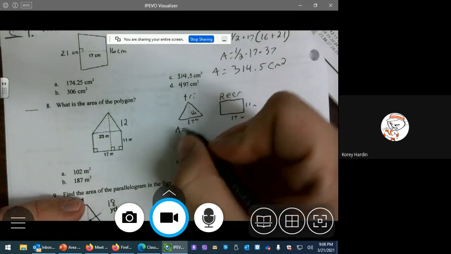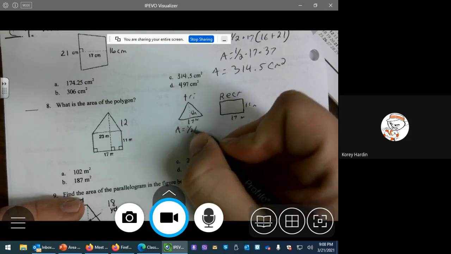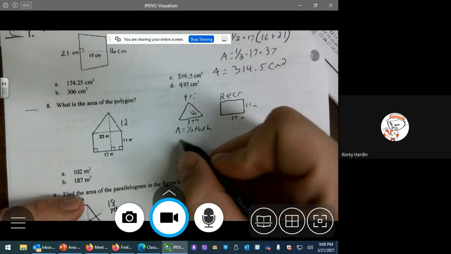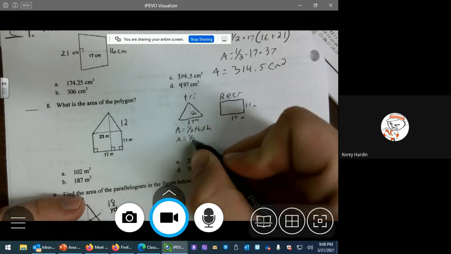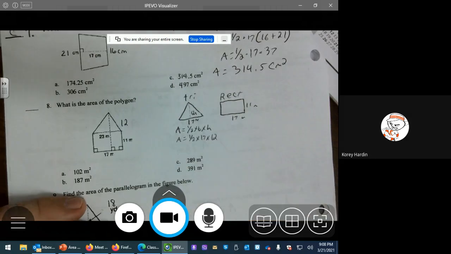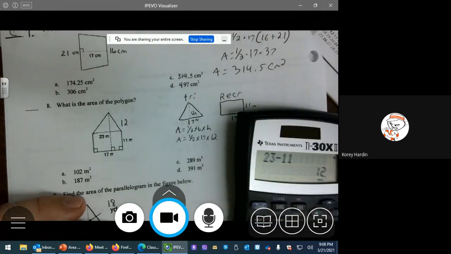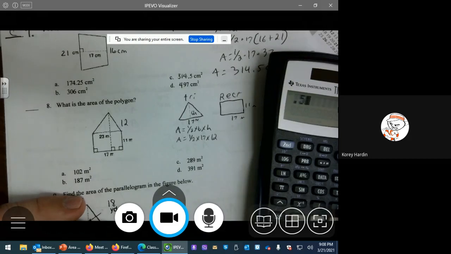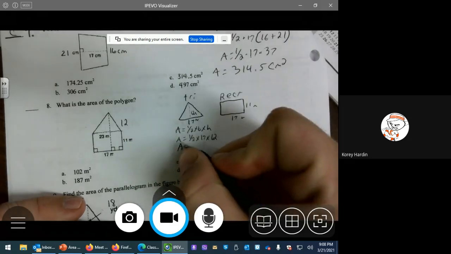So for triangle, area equals 1/2 times base times height. So area equals 1/2 times 17 times 12. So when I work that out, I've got 0.5 times 17 times 12, and that gives me 102.